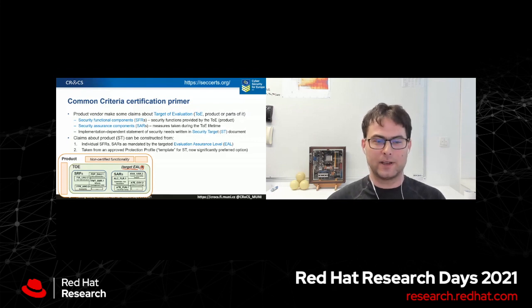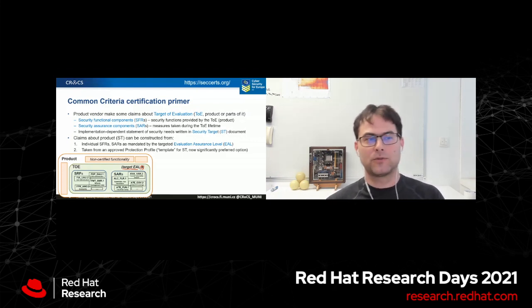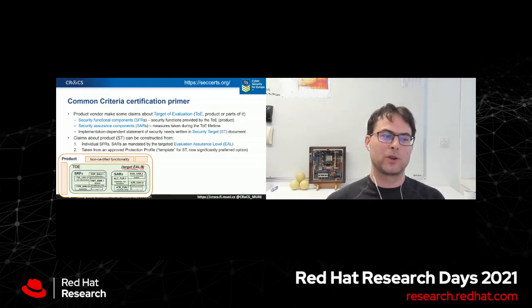They contain SFRs and SARs, and this is a template for a tachograph. Then for your product, if it's a tachograph, you just show that you conform to this protection profile, and based on what the protection profile requires, you show that you are compliant. This is faster for the vendor, and it's also better for customers, because they don't need to dig deeper into what you picked from the catalog of potential functionalities. They know you are compliant to what standard tachographs look like.